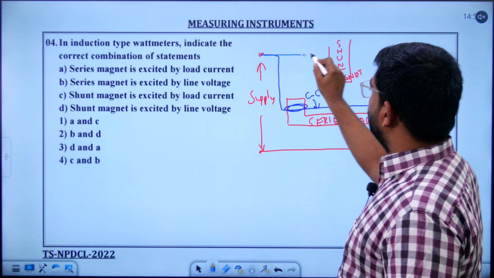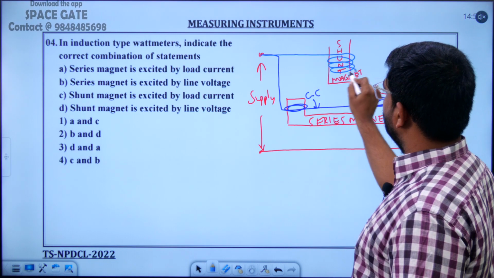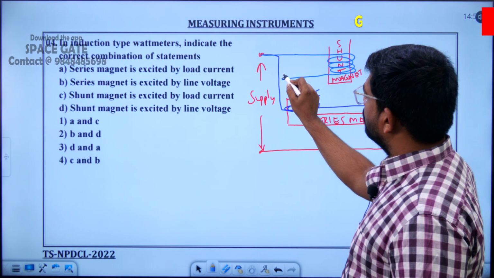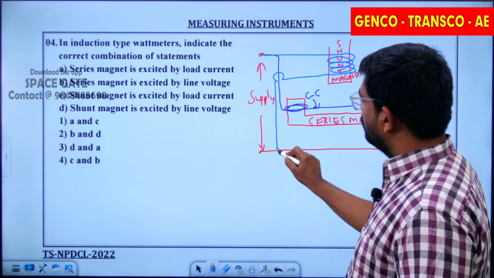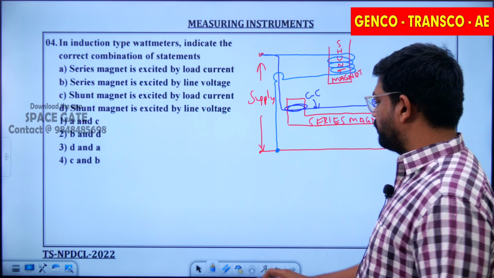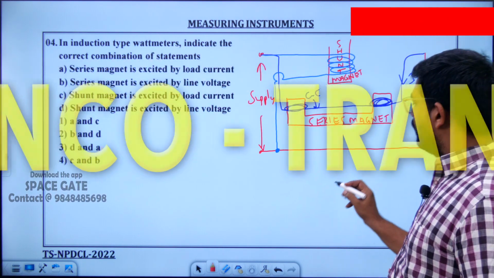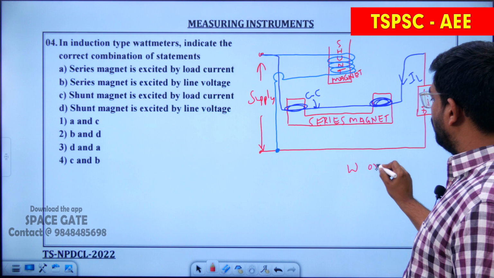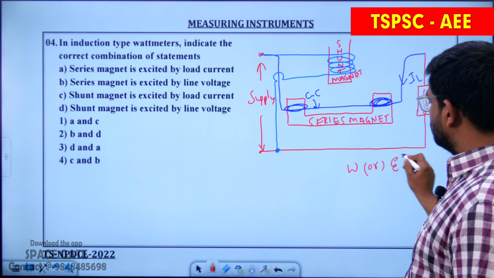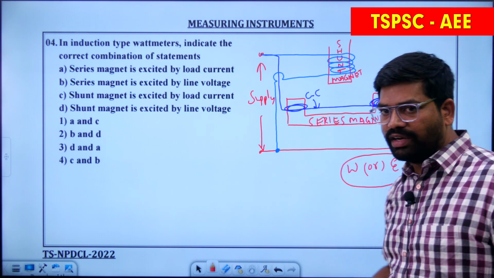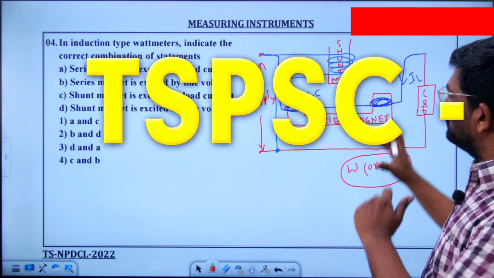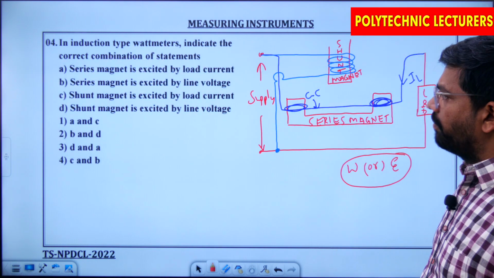Again, to know the supply voltage, we give it from here, taking it across. What do you observe from this diagram? Whether it is a wattmeter or energy meter, whether measuring power or energy, for the induction effect this is the kind of connection.